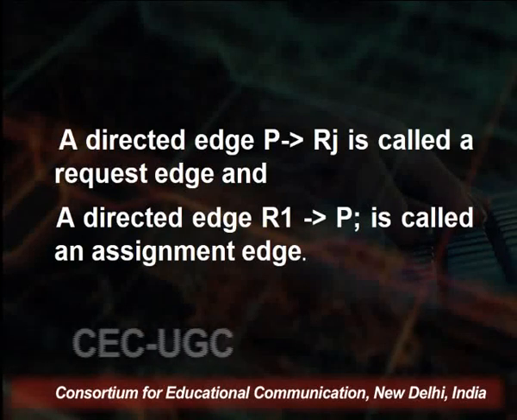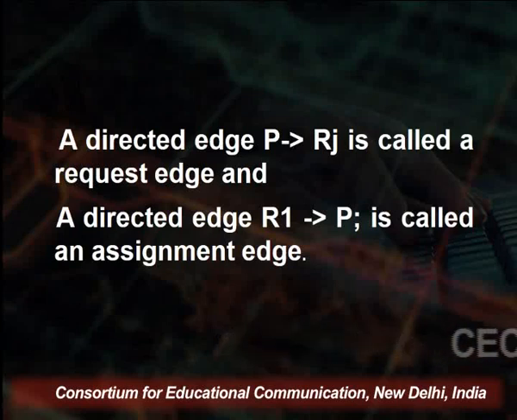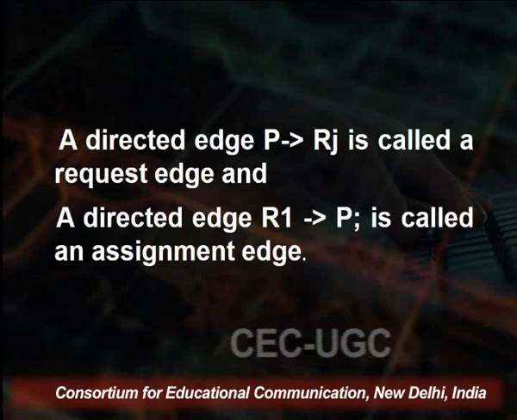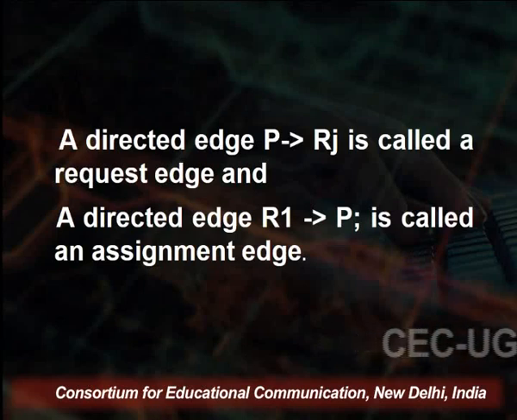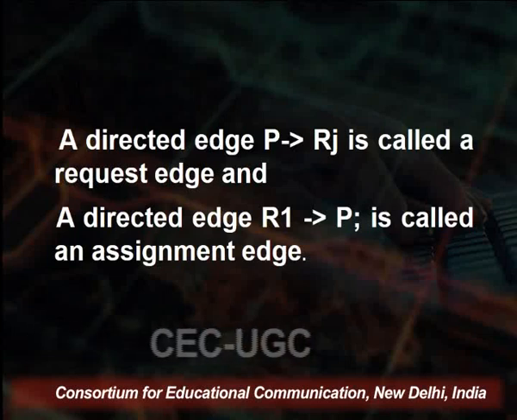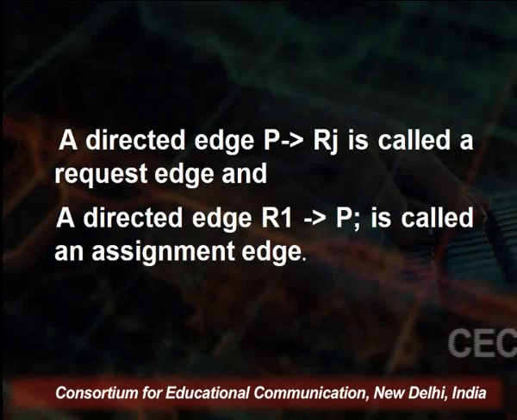So if the resource has been given to the process, the assignment edge is going to be from R1 to P, or any R to P, and a directed edge from P to Rj is the request edge. That means the process has requested the resource. That is the significance of the edges and the vertices.